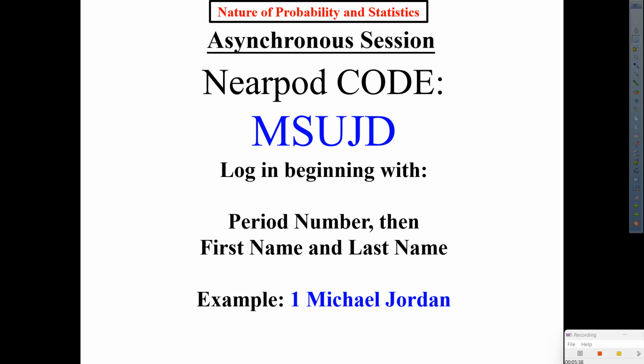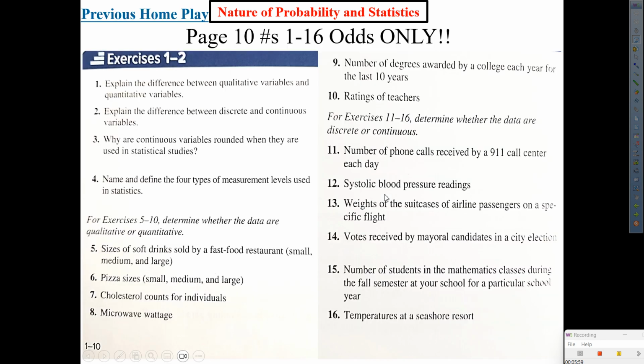Now, last night's home play was events. Go ahead and go to Canvas, turn that in, please. Or odds, my bad. Was it odds or events? All right, hold on. Let me double check. Page 10.